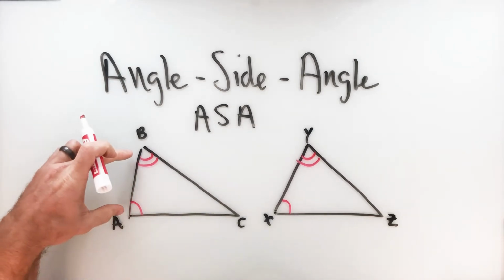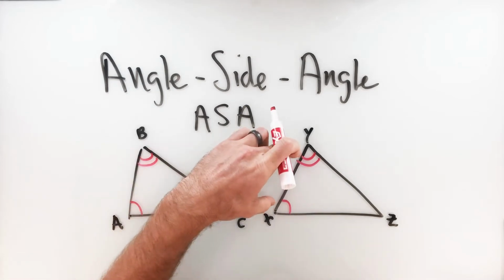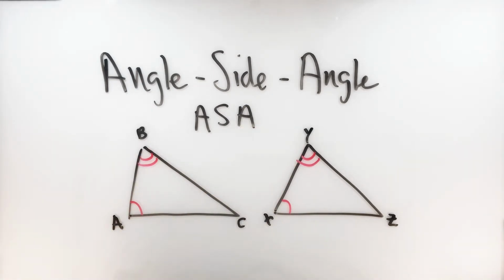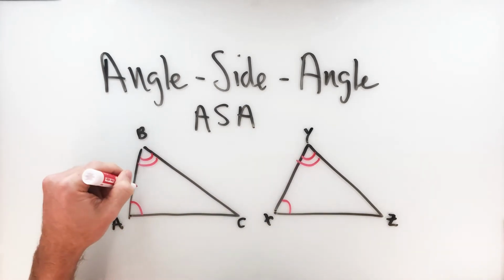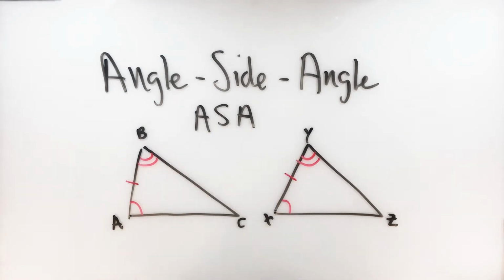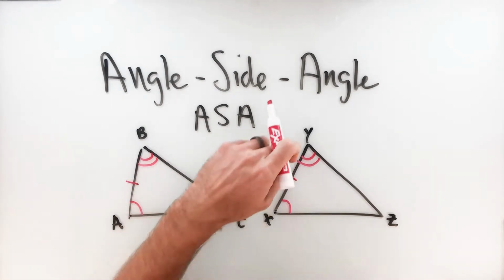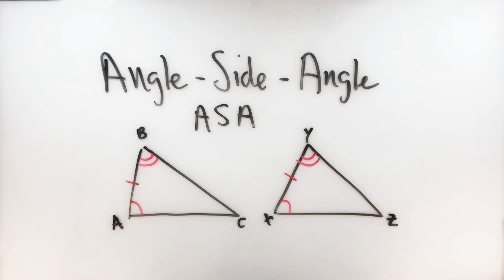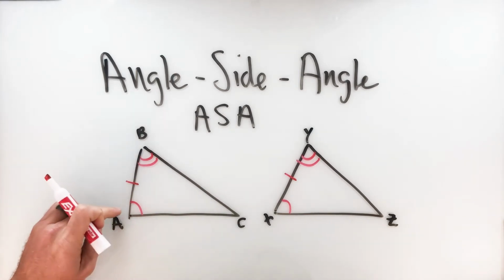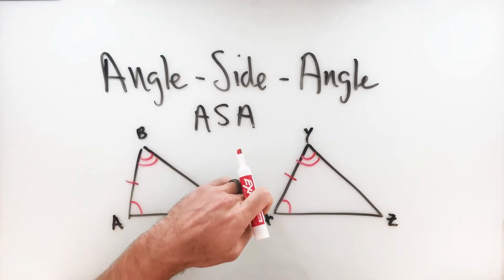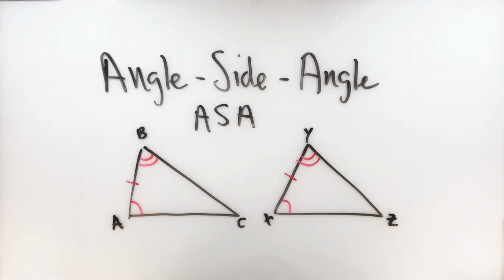The included side is the side that is in between the two angles that are marked congruent, which would be side AB and side XY. If this is the setup we have, where we have an angle, a side, and an angle in that order, this is enough to prove that these two triangles are in fact congruent.